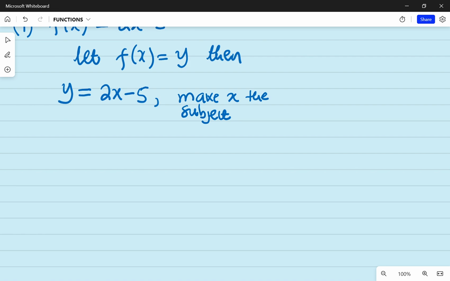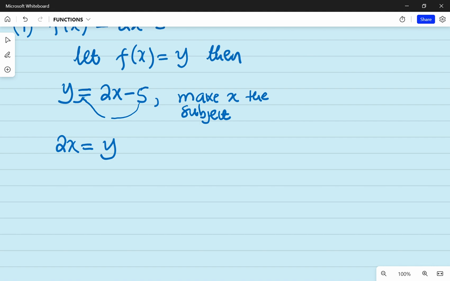Once you make x the subject, the 5 is going to follow the y there. It will cross the equal sign to follow y, so we remain on the other side with 2x. When this 5 crosses the equal sign to follow y, it is going to change sign to be a positive.